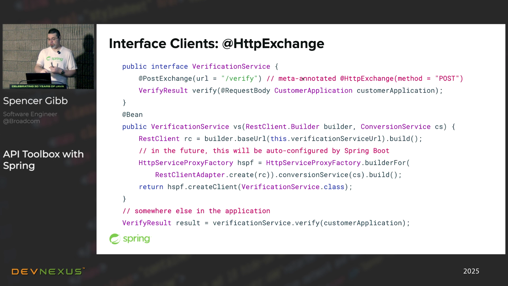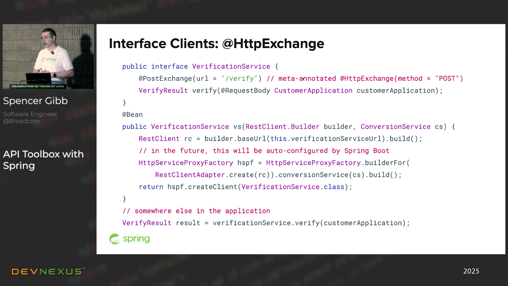You could certainly create something that looks very much like this imperatively, but this is just a nice way to package things for other folks to use in a jar. That's typically what we see. People, for example, based on OpenAPI, will generate a bunch of interface clients. They don't have to generate the implementation of them because all they know is, I need to do a get, and this is what I send, this is what I receive, and then we let the framework deal with the actual implementation, right?